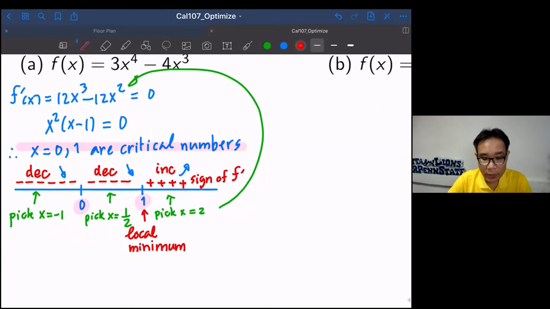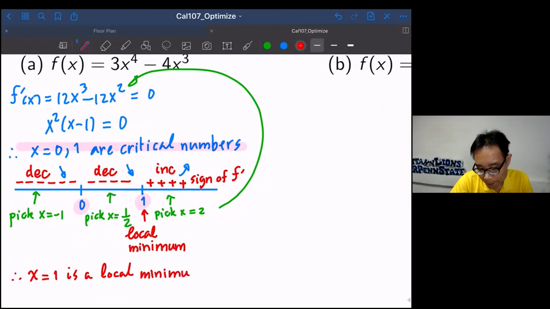Why do I know that? You see the shape is going down and going up, so it's going to be a minimum for sure. So you conclude that x equal to 1 is a local minimum. That's all, basically.